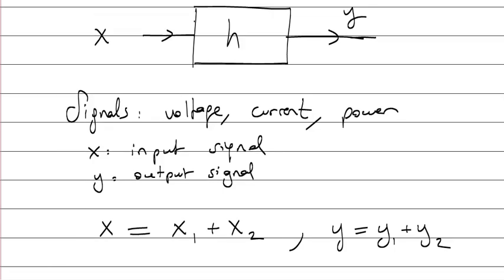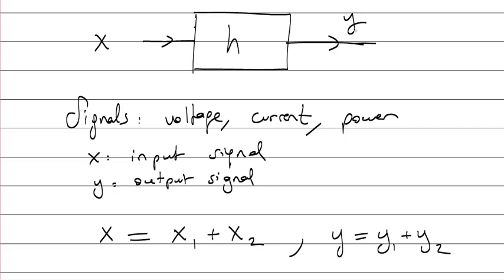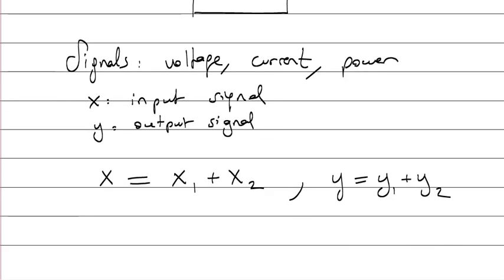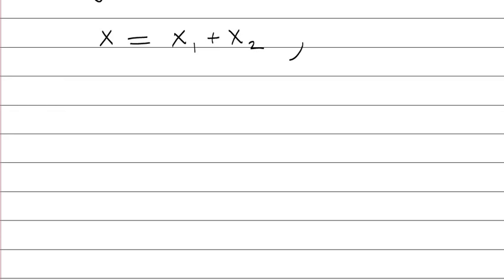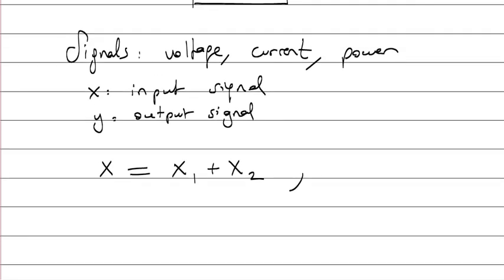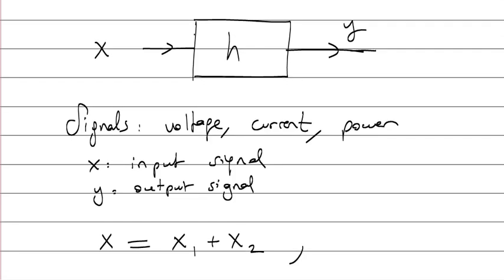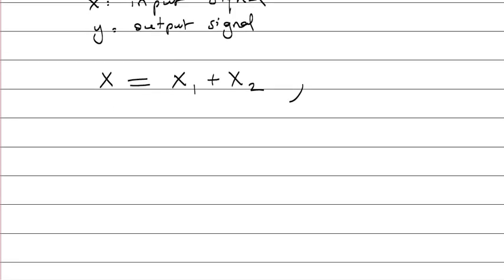The summation of Y1 and Y2 is equal to Y. Or let me not define this first. First, I have defined X1 and X2, whose summation is X. Remember, X is the input of the system and Y is the output of the system.